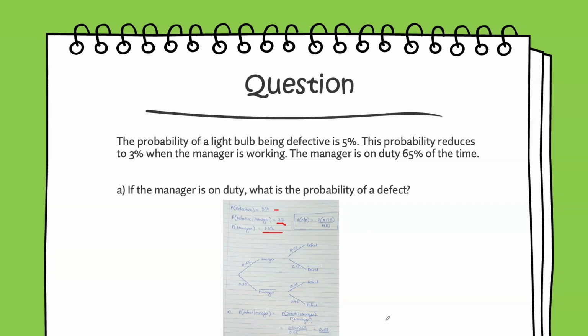The first leg would be regarding whether the manager's on duty or not, because depending on that, the probability of a defect will change accordingly. We know the probability of there being a manager is 0.65, and conversely, the probability of there not being a manager is 0.35.